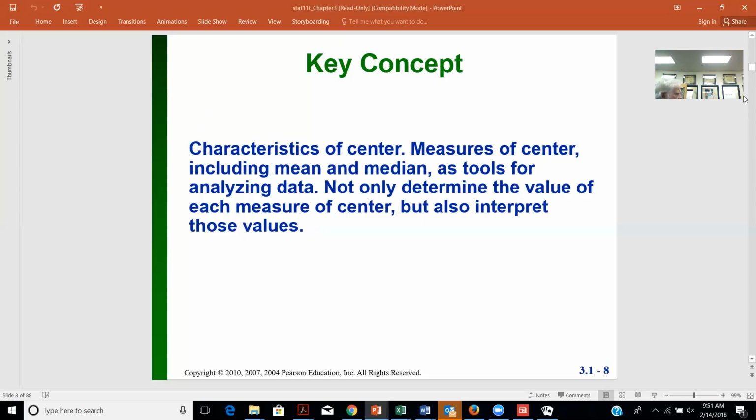But if you have data where you have a set of numbers and then you have an extreme, one example in the text is salaries of college football coaches. If you look at the bulk of the data, it's in a relatively narrow range of salaries.